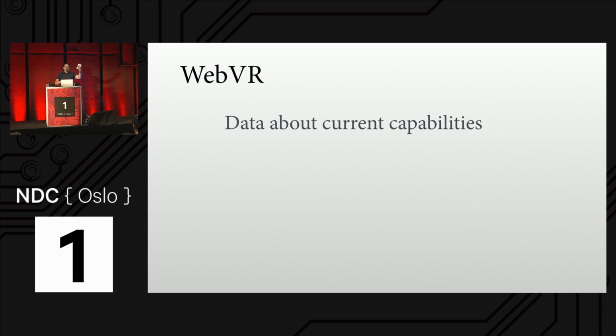Other devices are more simple, and don't even have a pointer or a clicker. And we have devices with clickers, like the Daydream View. So the JavaScript API will give you that information. That's the first part.